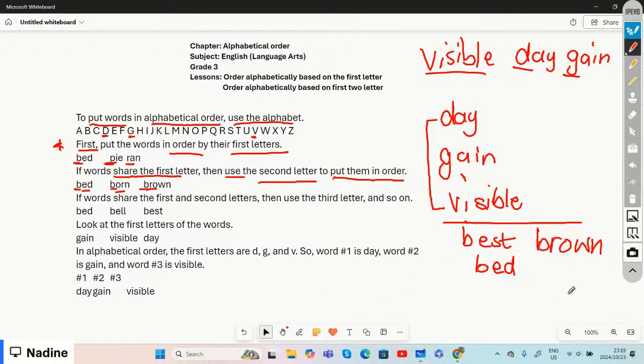So we have best, brown, and bed. Which one is first?